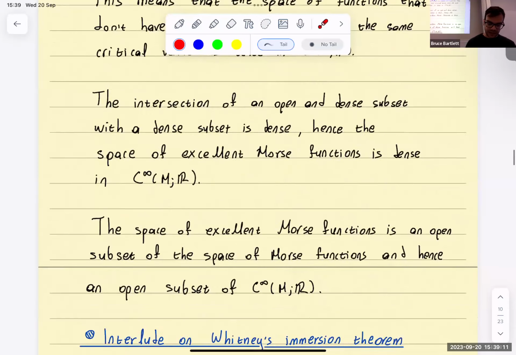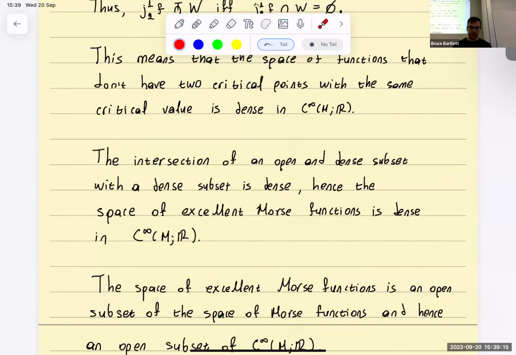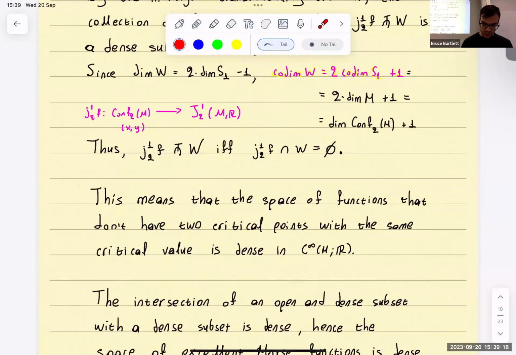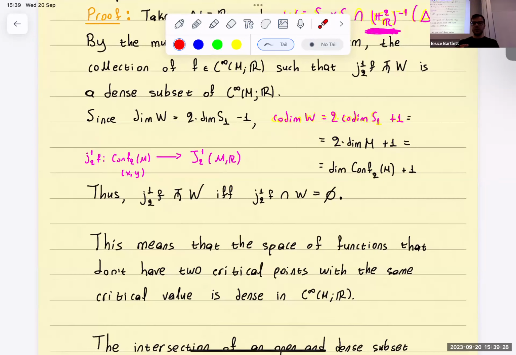But actually, what we strictly speaking proved here is that the space of functions that don't have two critical points with the same critical value is dense.